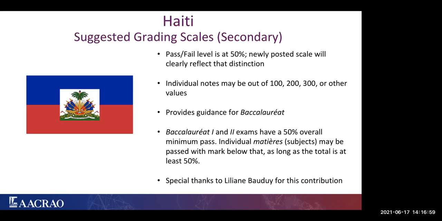Or 10 on a 20-point scale, 50 on a 100-point scale, et cetera. Some variation on what you see on this slide is probably what we're going to have in the box for Haiti secondary grading when we finally get this in there.